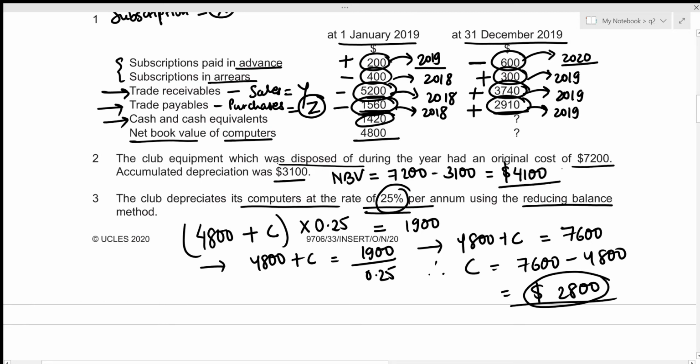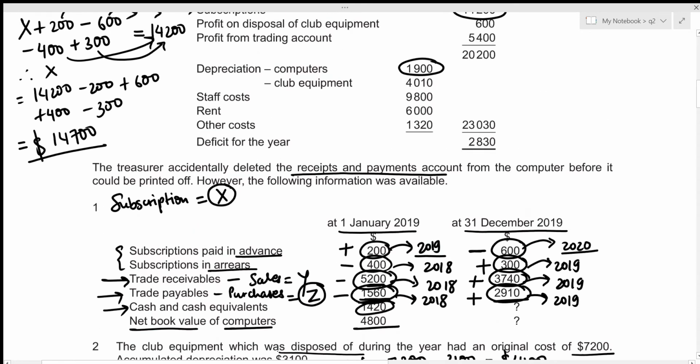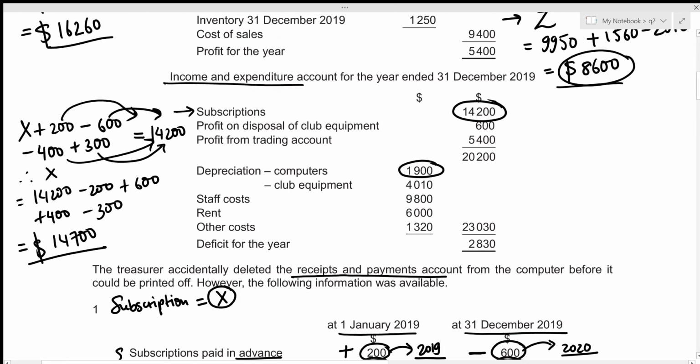Then if there was a loss or profit, both of them would be recorded on our income and expenditure account. So let's have a look above. We're not given any loss, but we are given the profit on disposal of club equipment, which is 600. And we know that the profit happens when the sales value is greater than the net book value, right?